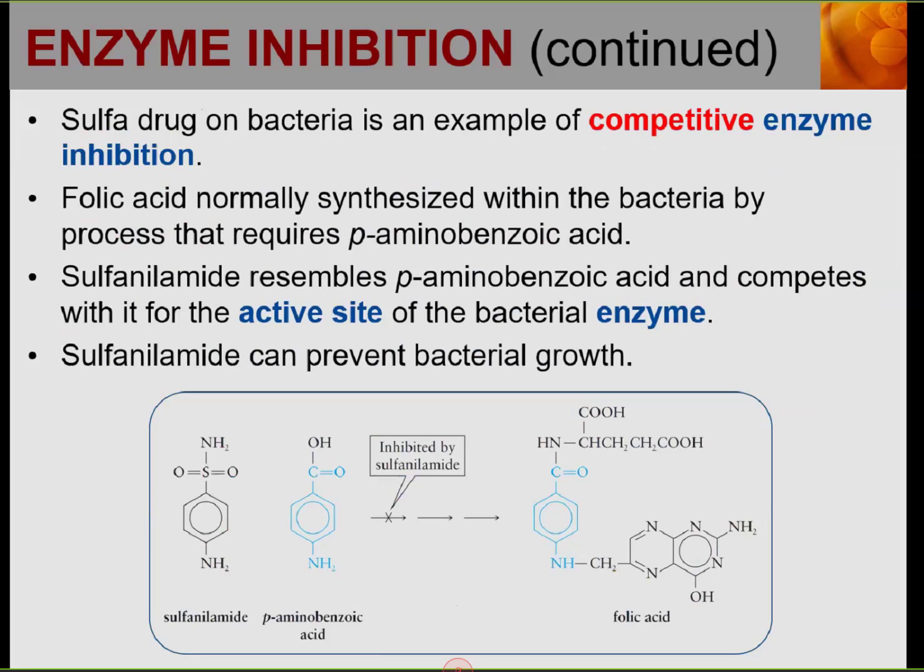But in the case of the sulfonamide, it's a sulfur that's there. In the case of the para-aminobenzoic acid, it's a carbon, of course. But they look similar. And so the sulfonamide substitutes for the para-aminobenzoic acid. So folic acid, which bacteria need to multiply, isn't made. Because in place of it, you make the similar compound, but made from sulfonamide, and bacteria can't grow.